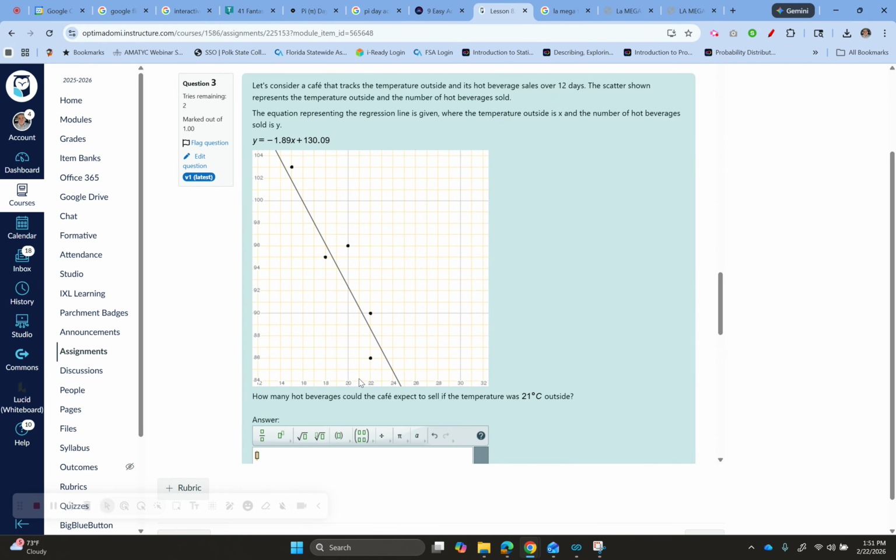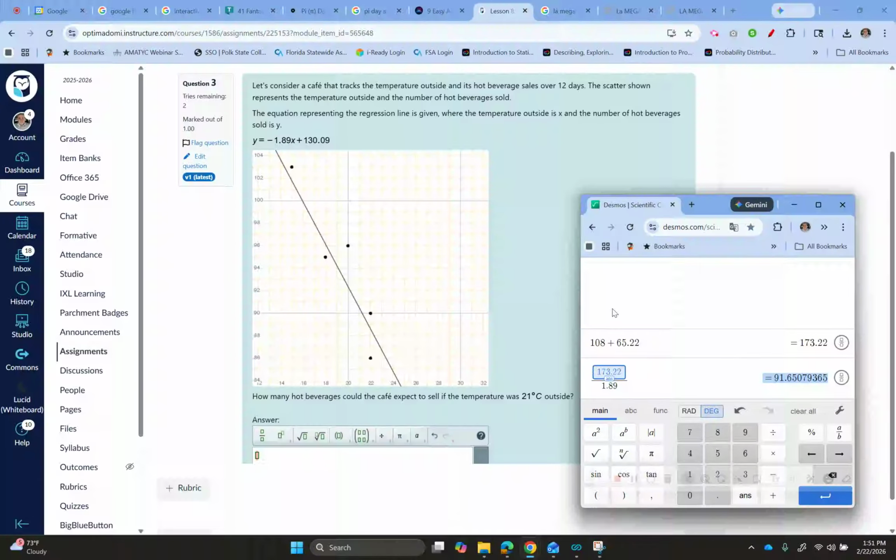Now here, what I'm going to do is find 21. 21 will be right here, and if I go straight up, I'm going to be right on this place on the line, and I go to the left, you're going to see it's going to be like 90.5, based on what I'm reading on the y-axis. But the most precise way is using this equation and plugging in 21 for the x, and that's what I'm going to do with my calculator.